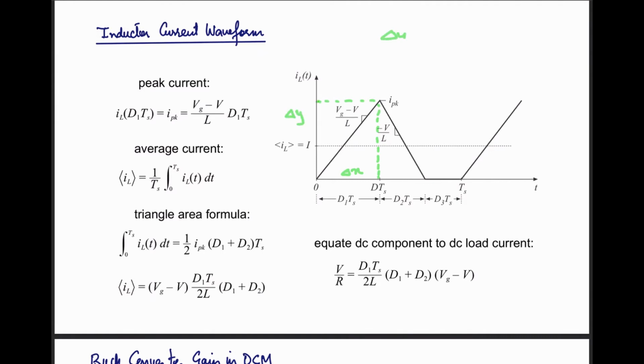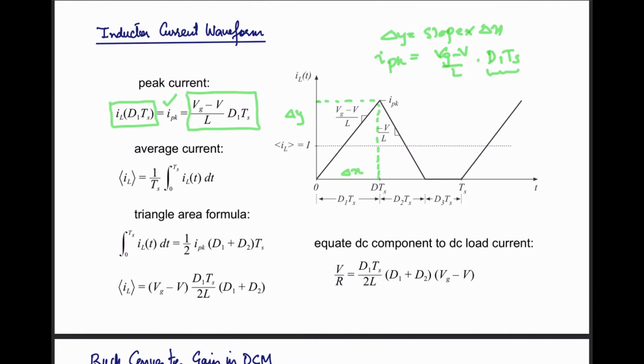So delta y is equal to slope into delta x. The slope is (Vg minus V) by L, delta x is equal to d1 Ts, and delta y is equal to the peak value of the inductor current. So the peak value is given by this expression: (Vg minus V) by L into d1 Ts, right? So that is the peak value of the current.